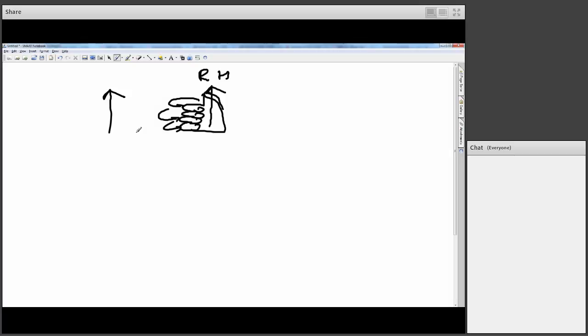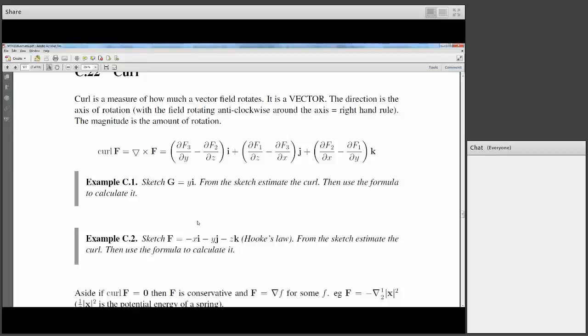That would be anti-clockwise around the vector. This is true for lots of other orientations too. So the curl tells you the axis of rotation, and it spins anti-clockwise around it, using the right-hand rule, which is easier to remember. The magnitude of it tells you how much it rotates.